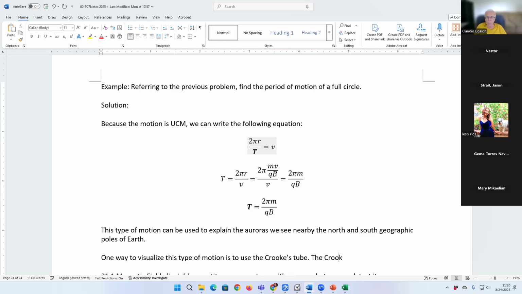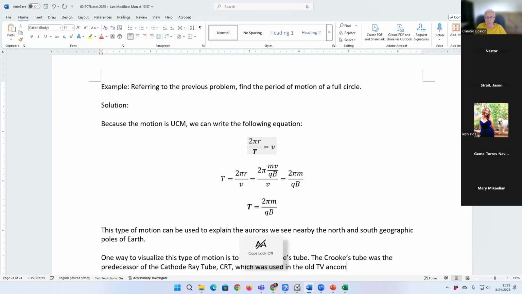The Crookes tube was the predecessor of the cathode ray tube, CRT, which was used in the old TV and computer screens.